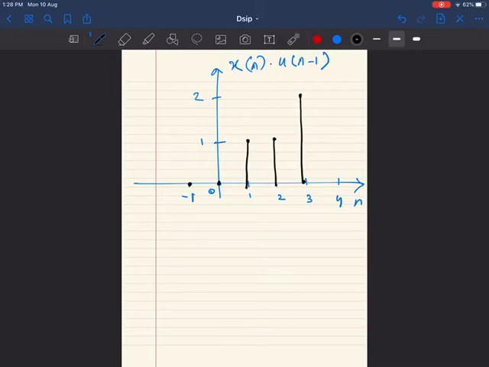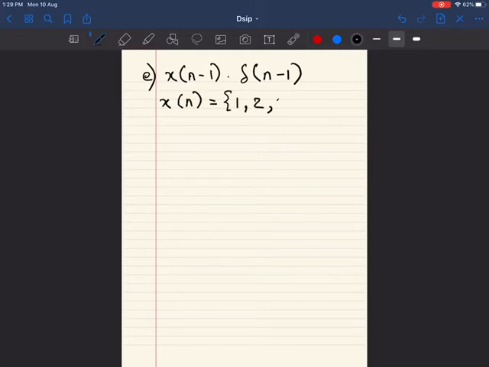Now let's move on to the fifth subpart of the question, which is nothing but x of n minus 1 into delta of n minus 1. Delta is my unit impulse function. So I know my x of n is 1, 2, 1, 1, 2.